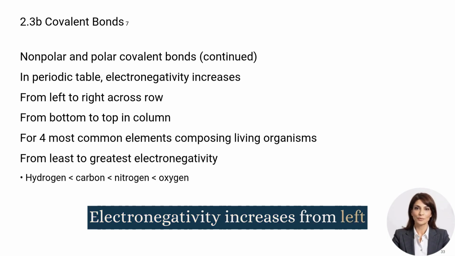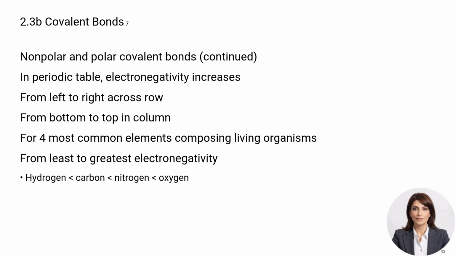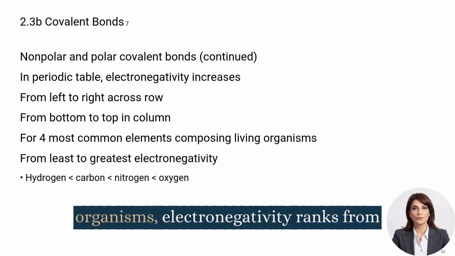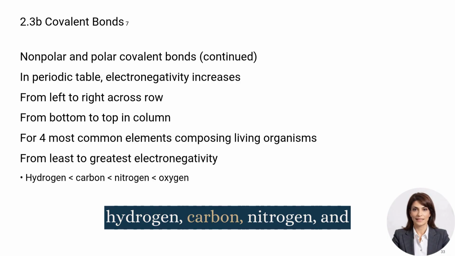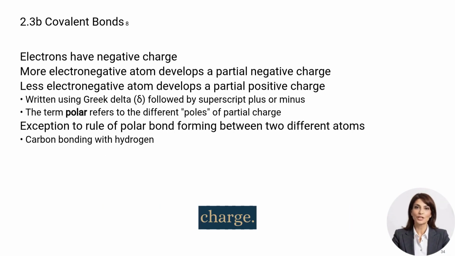Electronegativity increases from left to right across a row, and from bottom to top in a column on the periodic table. Among the 4 most common elements in living organisms, electronegativity ranks from least to greatest as hydrogen, carbon, nitrogen, and oxygen. Electrons carry a negative charge.